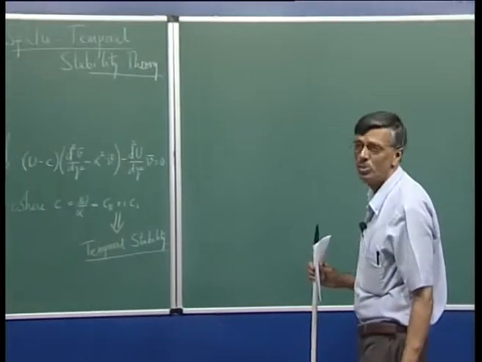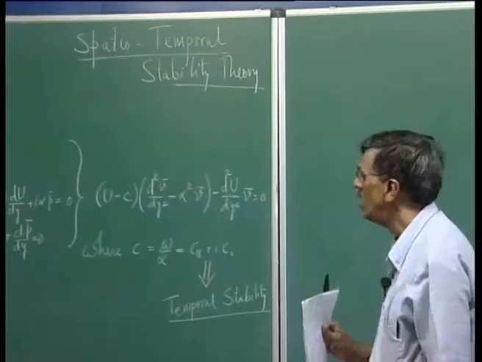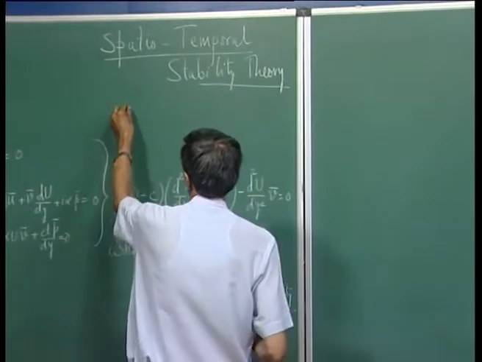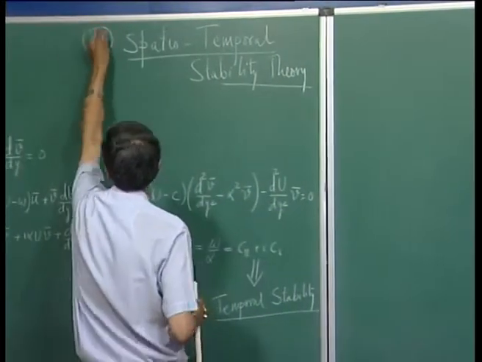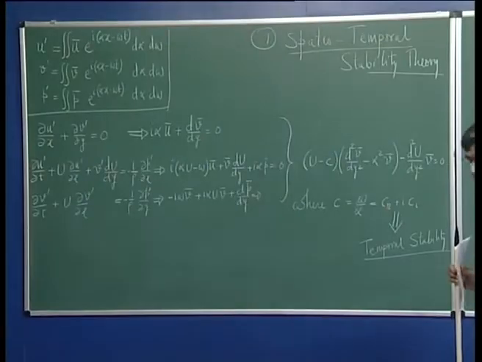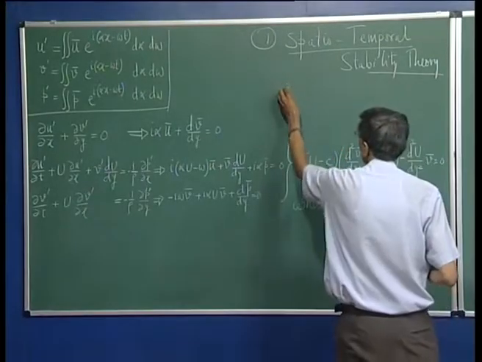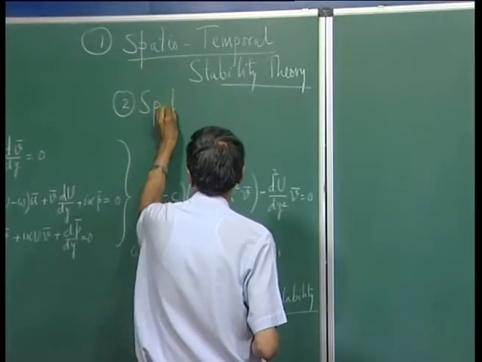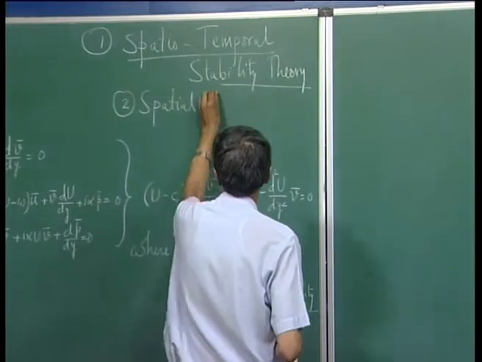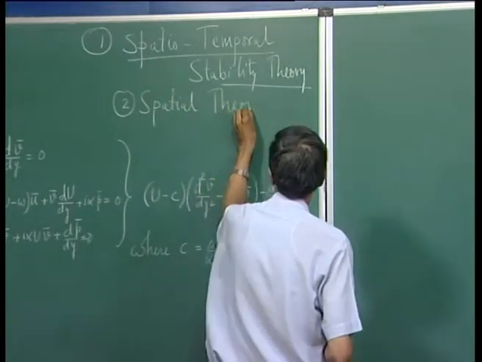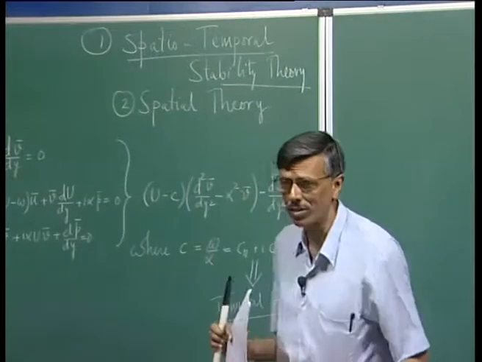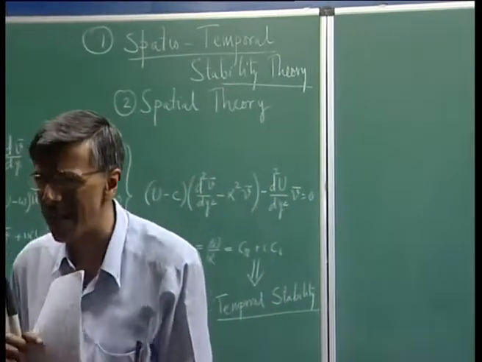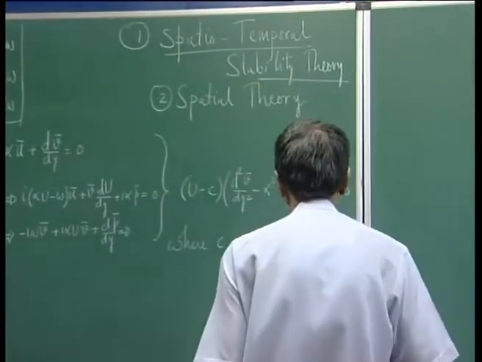Instead, we would take a simpler approach. If this is the all-encompassing theory, then we will have sub cases. We can talk about spatial theory. The name itself is suggestive: we are going to talk about disturbances that grow or decay in space, right. So, that would correspond to what?